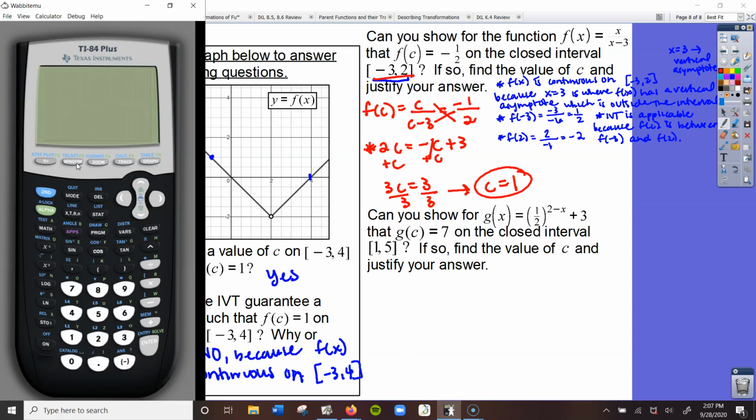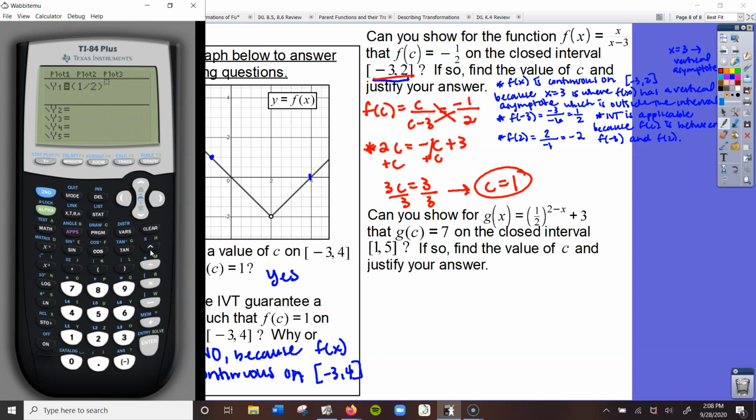So I'm going to go to my window, and I'm going to my x min and my x max. So 1 to 5, that's already 5. I'm going to go to my y equals menu so I can input my new function. I'm going to put a parentheses, and instead of 1/2, remember it doesn't know how to do those fractions, so we can just do 1 divided by 2, close parentheses.